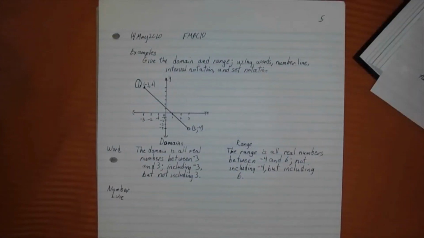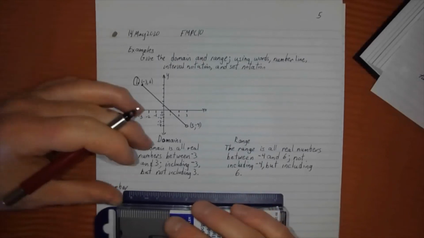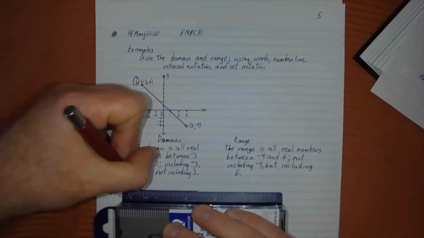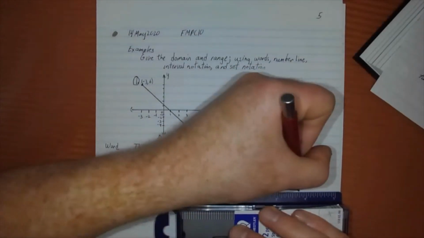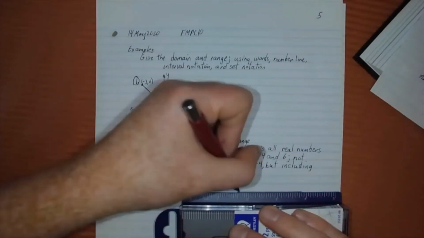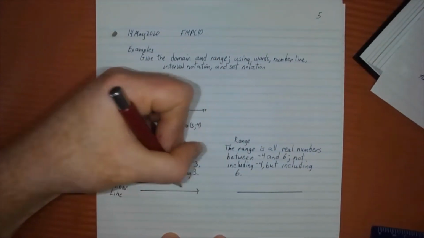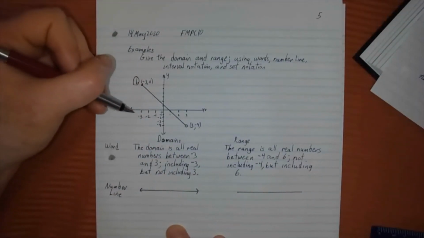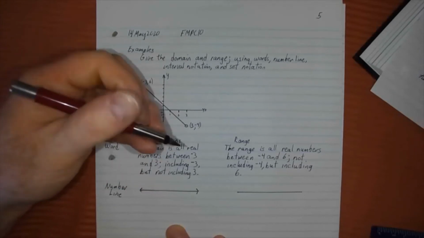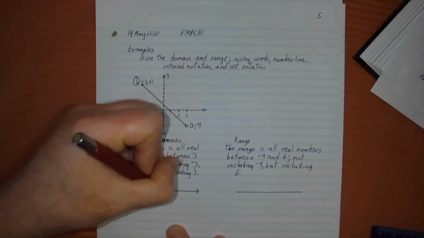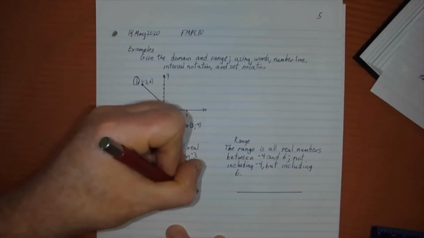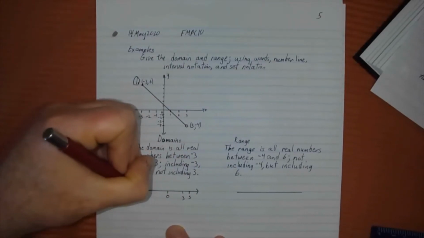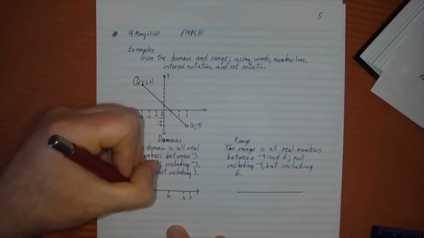Let me draw a couple of number lines. So my number lines are going to have to essentially be something like this. I have a 0 in the middle. I'm going to go up to +5. I'll put 3 right here. I'm going to go down to -5. And I'll put -3 right there.